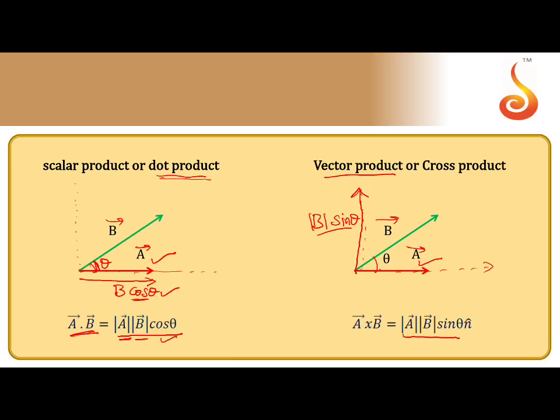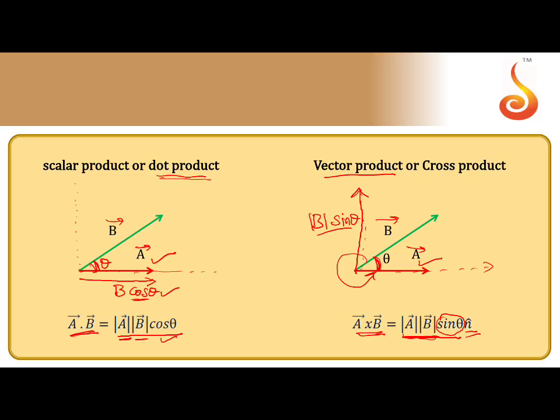The product of their magnitudes and the n cap vector will give you the cross product or the vector product. The vector product is defined as the product of the magnitudes of two vectors into the sine of the angle between the two. Which sine of the angle? There is one angle here, there is another angle here. You should always take the smaller angle.